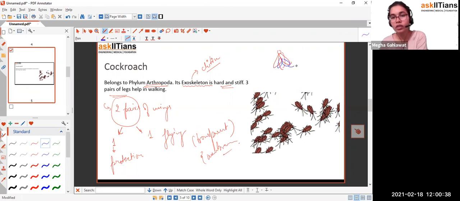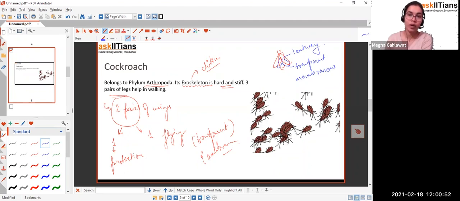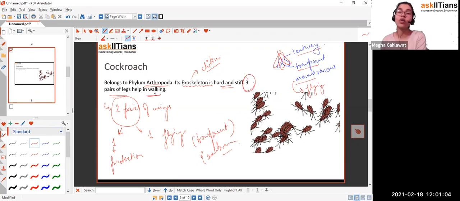So these are the ones which are transparent and membranous, and these are the ones which are leathery in appearance, as in they're sort of thicker than the transparent ones. So the leathery ones help in protection, and the transparent ones help in flying, on top of having 3 pairs of legs which help in walking, right? So that is how cockroaches move.